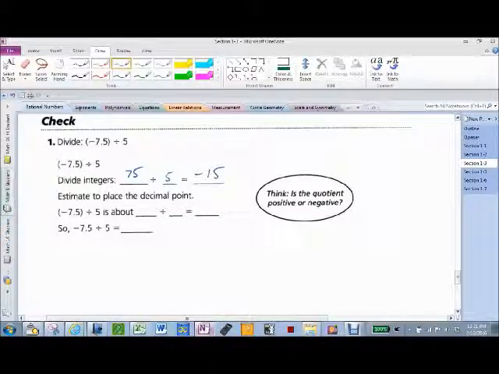Has to go after the 1 because it has to be 1 something. 7.5 is about 7 divided by 5, which we know is 1 something, don't we? Right? Yes. So 7.5 divided by 5 has to be negative 1.5. Does everyone see how that works?